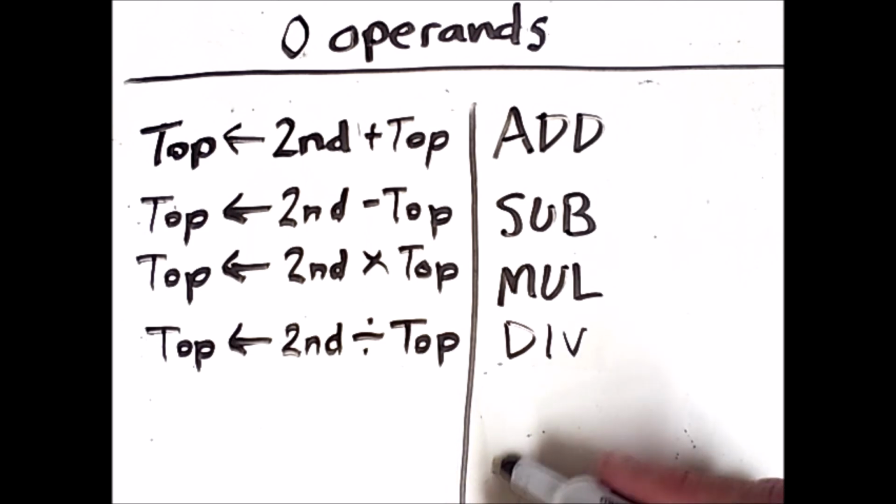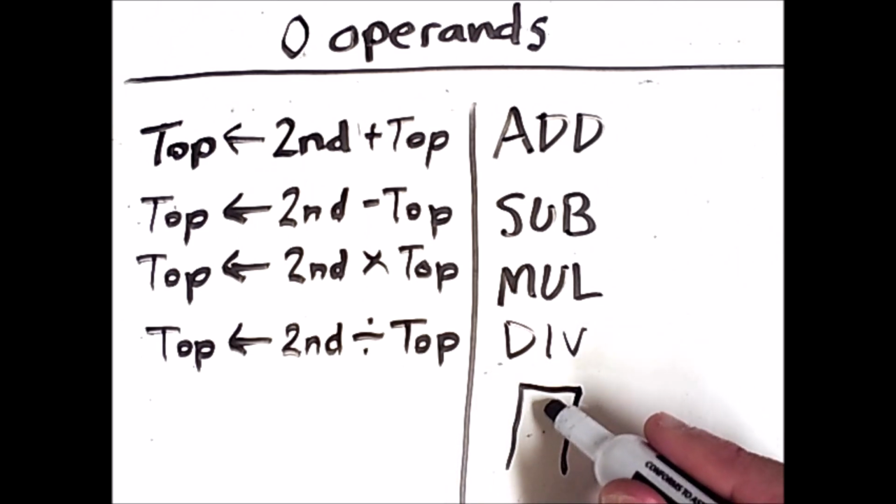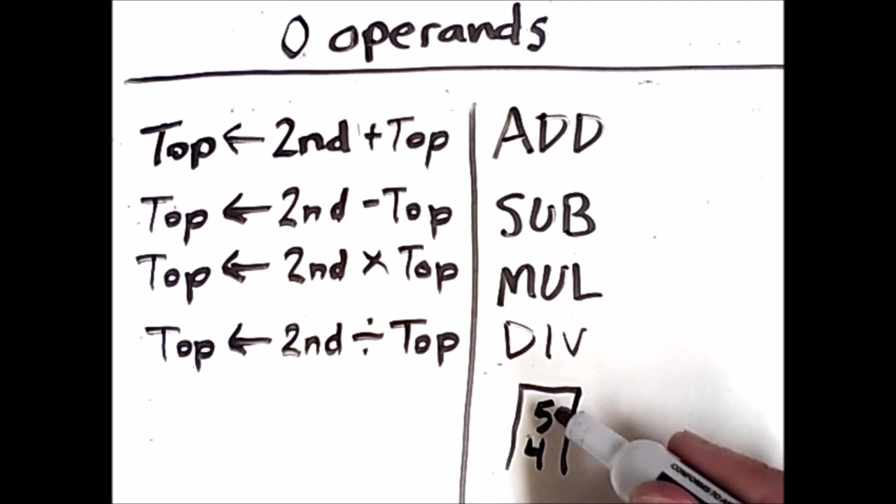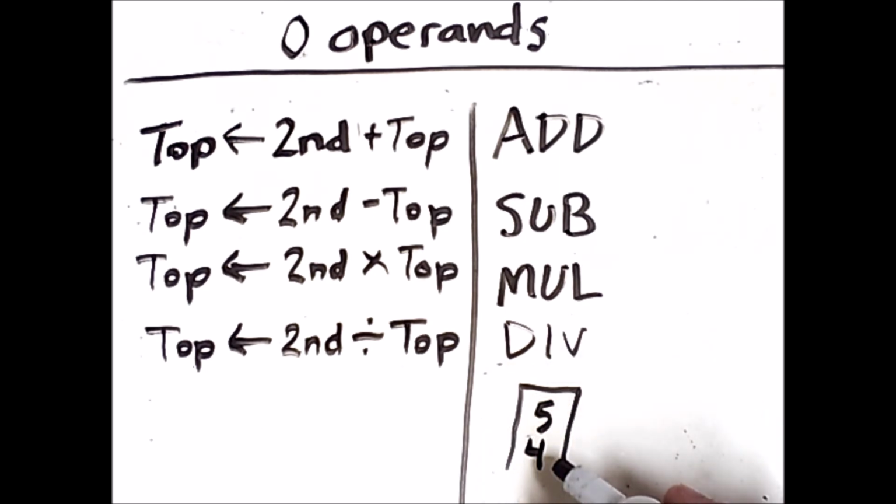Let's say that a stack has the values 5 and 4 on it. So 5 is the top of the stack and 4 is the second element down from the top. There could be more elements, but they'll be irrelevant for this example.